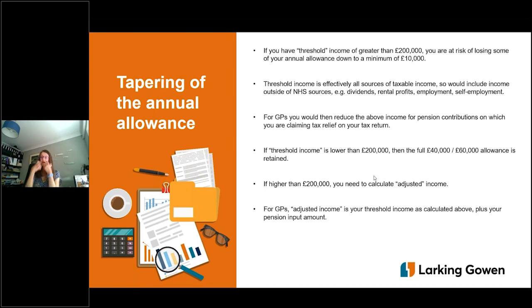So if you are close to the 200,000 going forward, it would still be a great idea to try and keep yourself under that 200,000 if you can. Some practical things you might be able to do: do you need that income on your tax return? Now, obviously, you don't have a choice whether you put it on, but if you jointly own a property with your spouse, you may share the income 50-50.